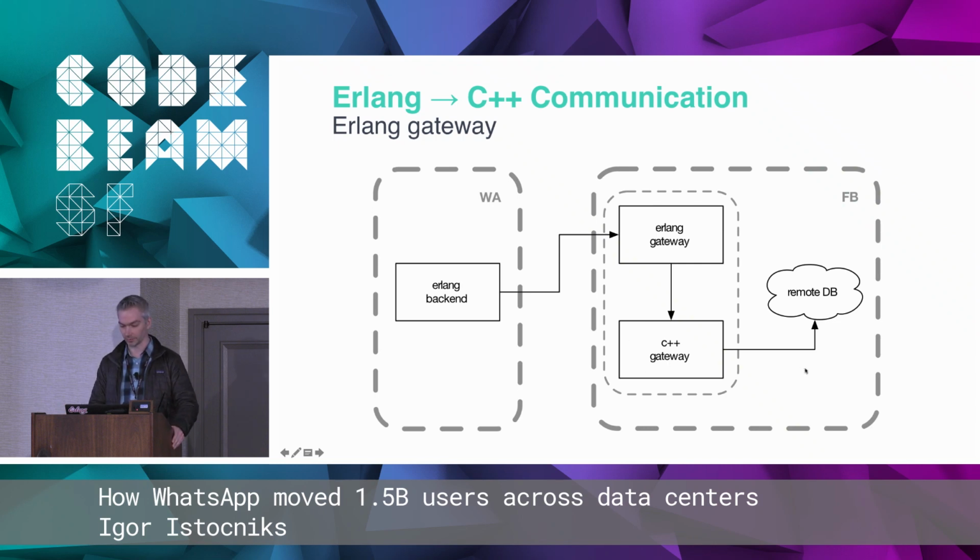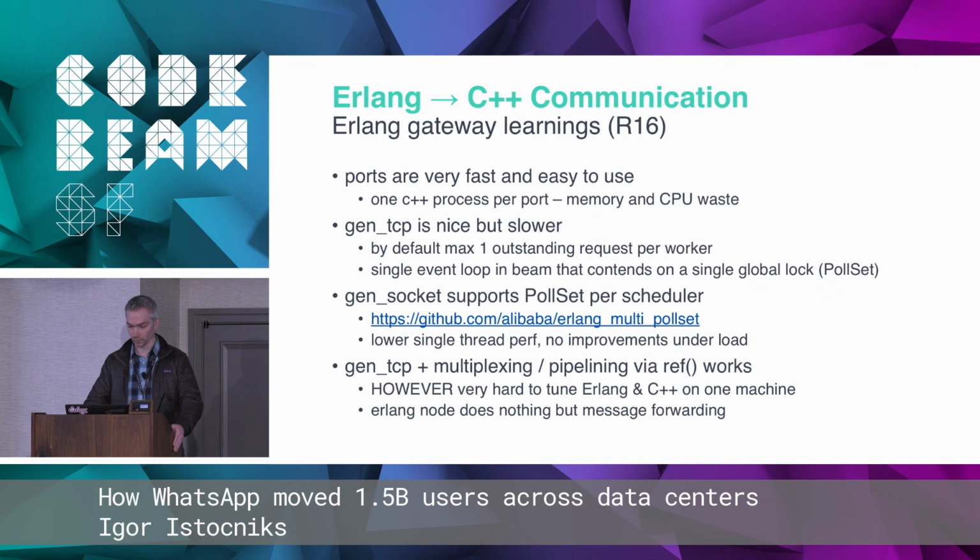And that C++ gateway machine knew how to talk to the remote DB directly. That's what we did at first. We tried several approaches how to actually make this communication between Erlang gateway and C++ gateway machines. Many of them worked. However, when we started to do load testing, all of them showed that there are issues.